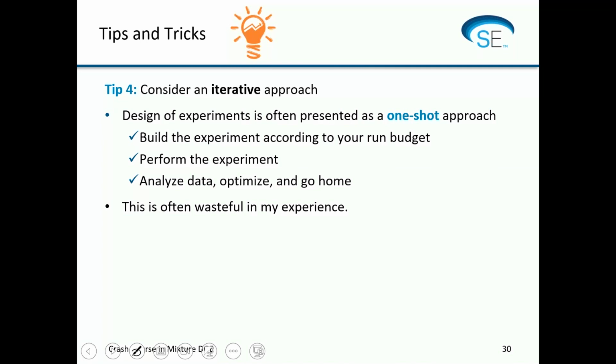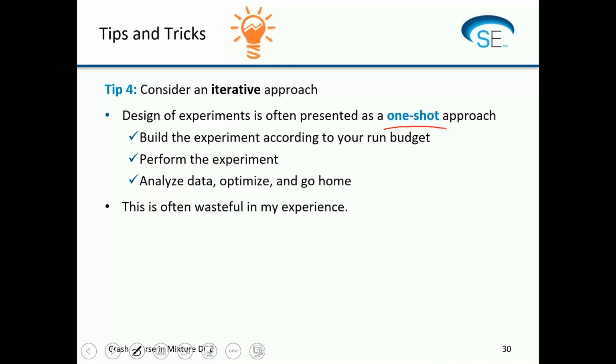And once again, design of experiments textbooks, even up to the PhD level, down to the level that are more geared towards engineers and biologists and chemists and whatnot, they almost often present DOE as a one-shot approach, meaning you have your design space, you have a budget of 22 runs, you do 22 runs, you analyze the data, and that's it.